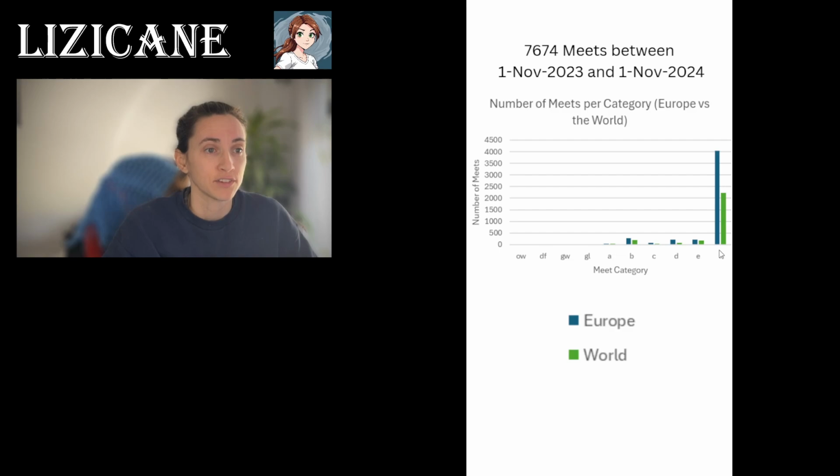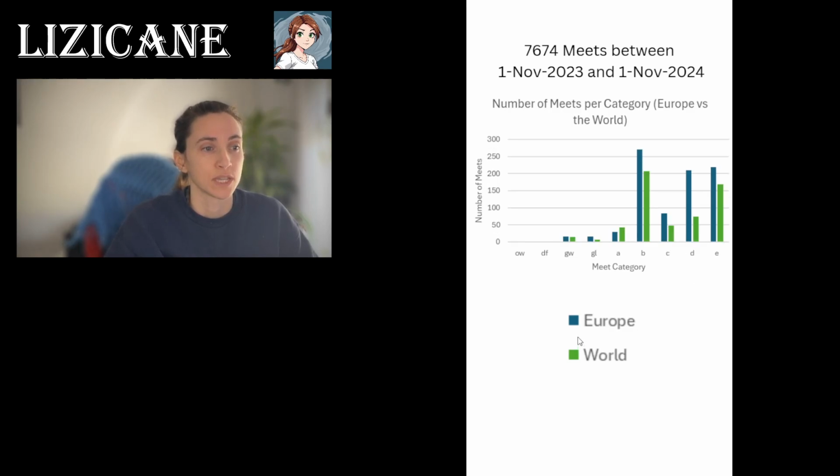In F level categories, Europe is still winning versus the entire rest of the world. Okay, let's get rid of F and look at the other categories. Again, Europe is dark blue, so Europe is winning on E. Europe is winning on D by a large amount. Europe is winning on C, and Europe is winning on B meets.